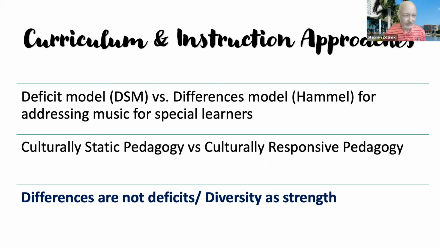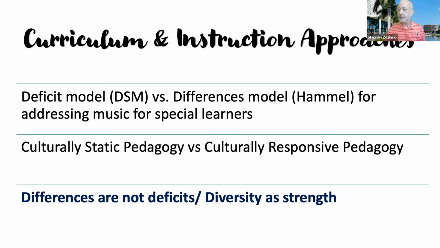And in the same mode, culturally static pedagogy is, in other words, Western art music as the model, and every other music is being compared to Western art music, as opposed to being culturally responsive in your pedagogy, where you're addressing musics individually with respect.